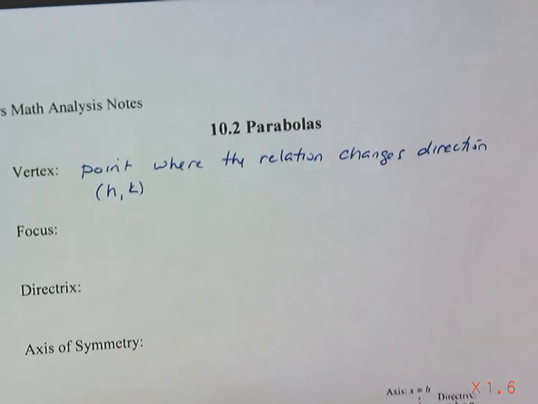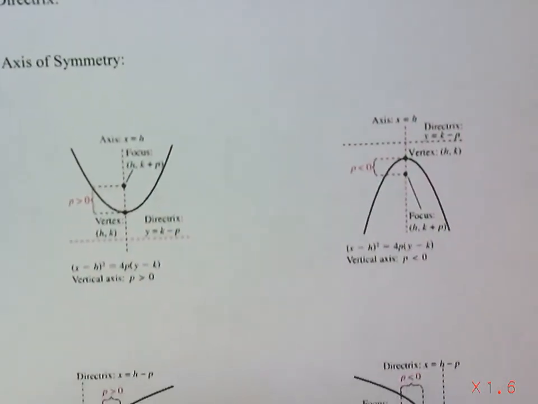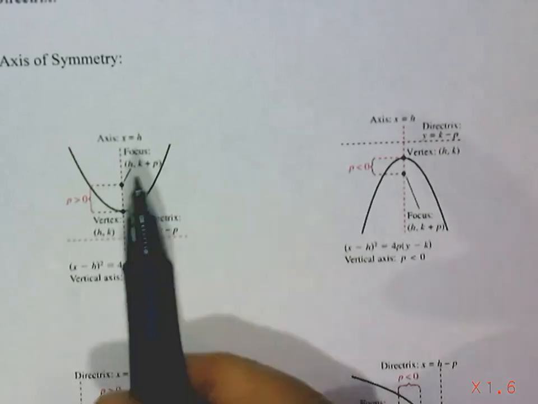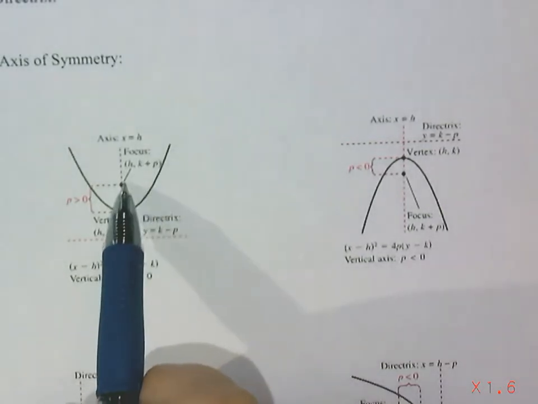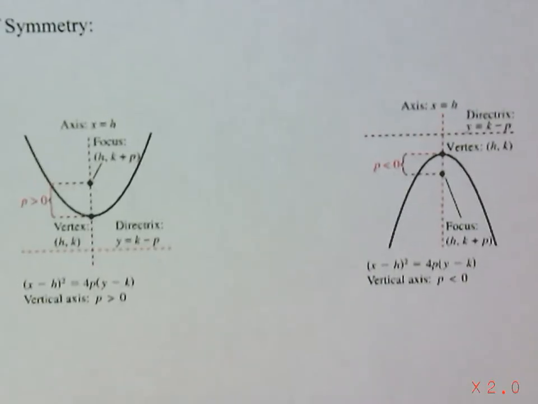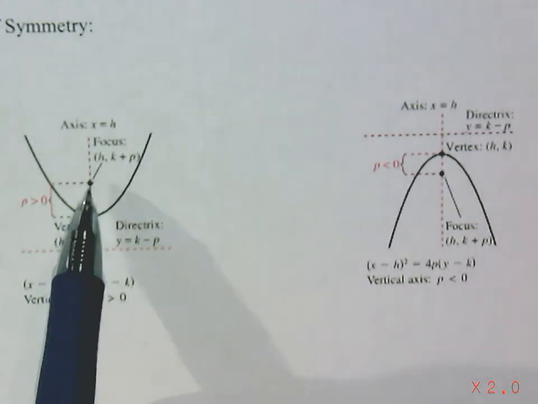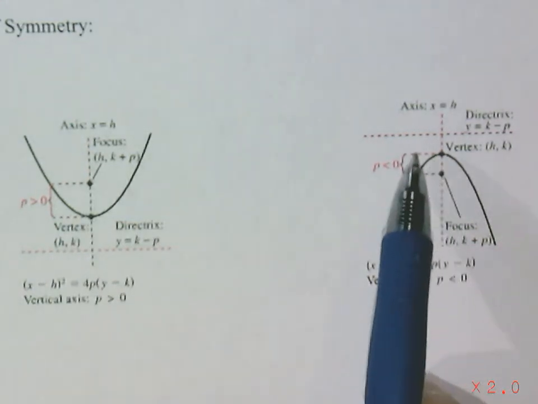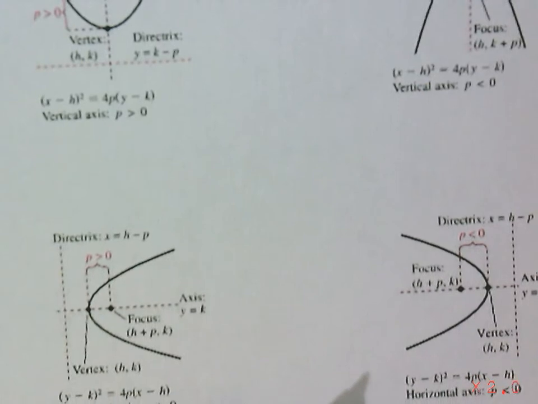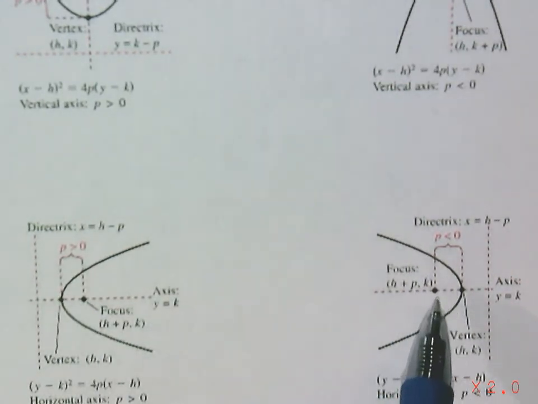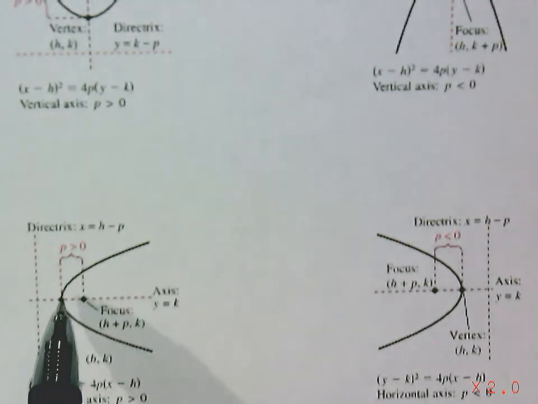Okay, the focus, if I go back here, is always inside the parabola. I'm going to zoom in just a little bit more so you can see this better. This is a focus point here. This is a focus point here. See, it's in the interior of the parabola. Here, the focus point is here, and the focus point is there. The distance away from the vertex is a distance p.